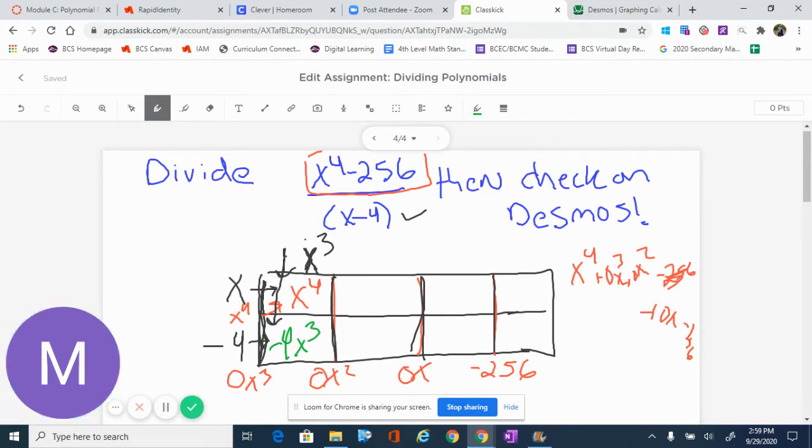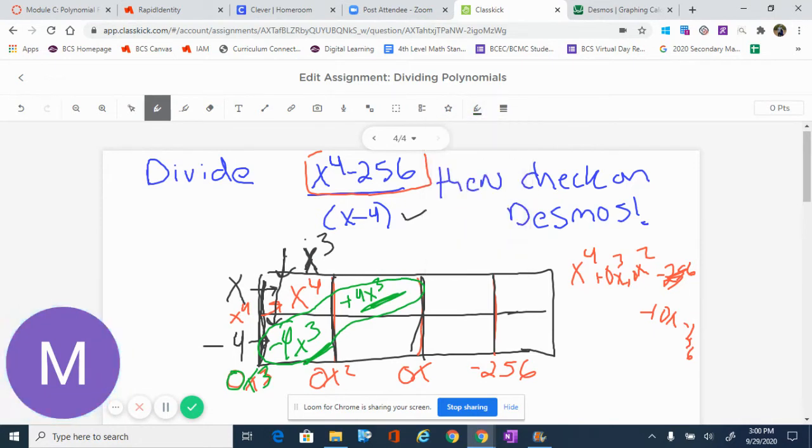And then what do I add to that negative 4x cubed to get a 0x cubed? Remember, at the diagonal we combine. Well, negative 4x cubed plus positive 4x cubed is going to work. That'll give us 0x cubed.